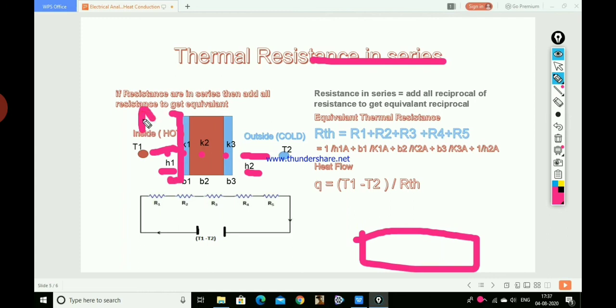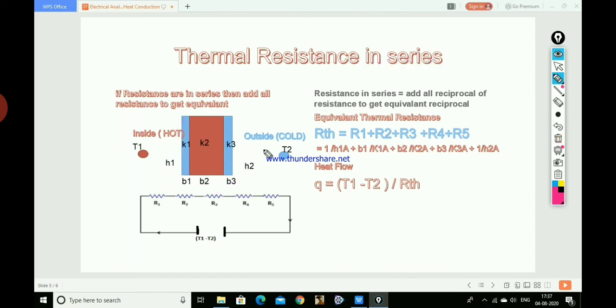Similarly, R3 is B2 by K2A, R4 is B3 by K3A, and for the last one, for H2, it is 1 by H2A. It's quite simple. So we get heat flow Q equals (T1 minus T2) divided by RTH. Whatever value of RTH we obtain from this equation, you can just put in and find the value of Q.